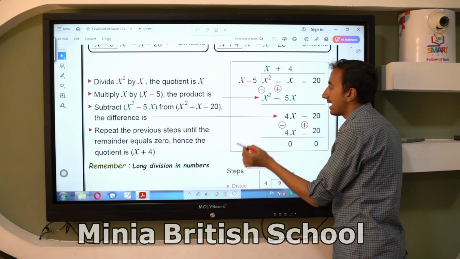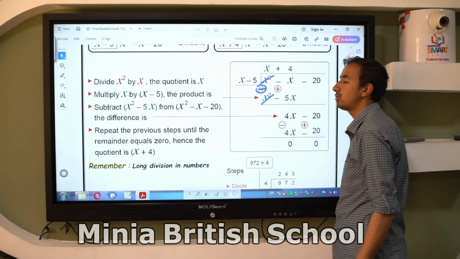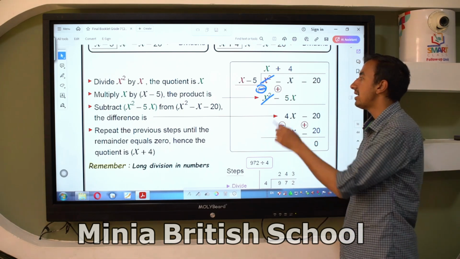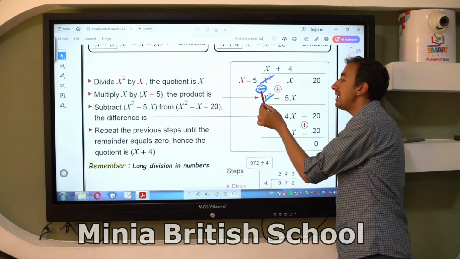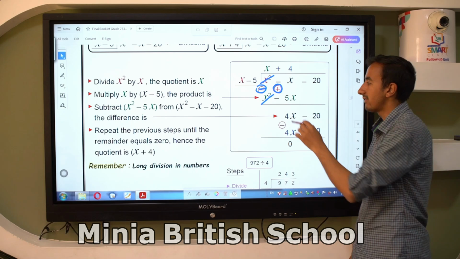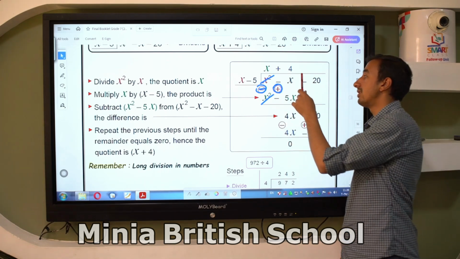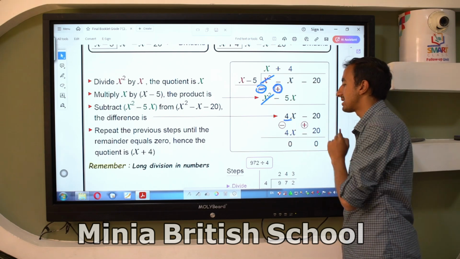Okay, so I can here make the subtraction. x power 2 minus x power 2 cancels. Here, negative x minus negative 5, negative and negative means positive. So I have here negative x plus 5, equals 4x.